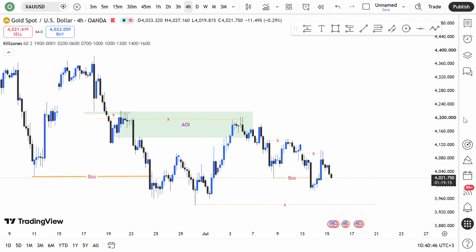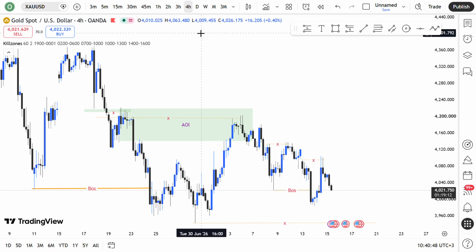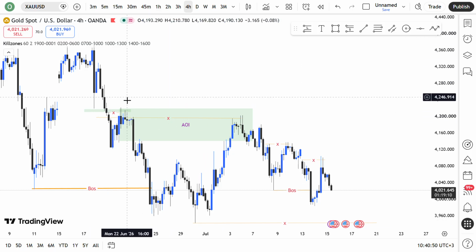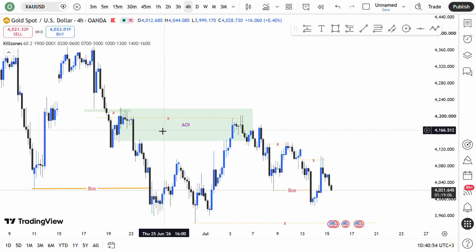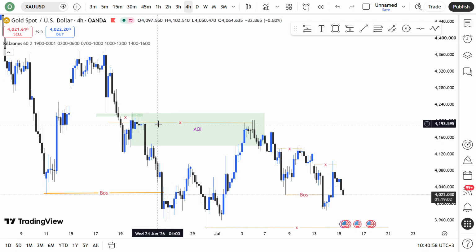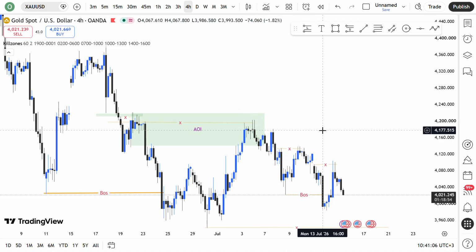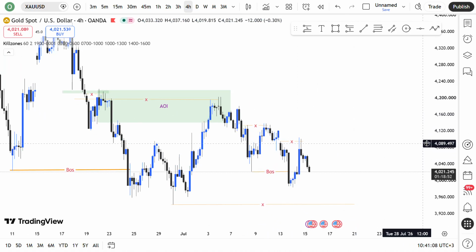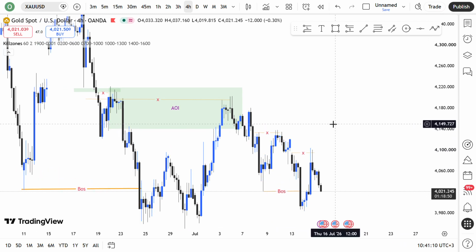And now we were looking at a daily time frame, and we spotted this order block from a higher time frame, which is the daily time frame. So there is this liquidity that was lying inside our area of interest, and now look how this liquidity was swept out before price gave us a clear change of character inside our area of interest.